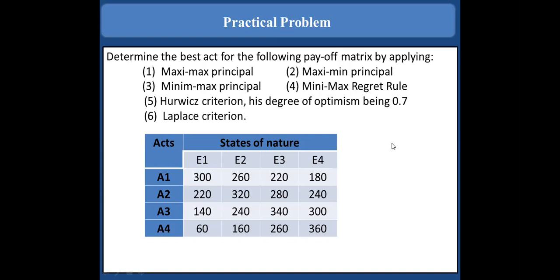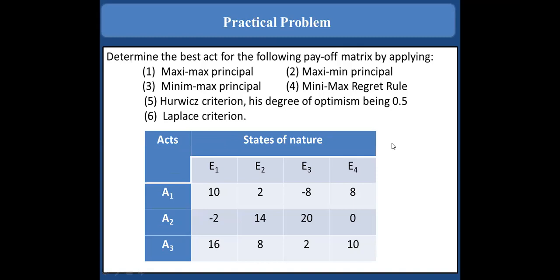Okay, after this, please write down this question. In this question, you are given 3 acts and 4 states of nature, and alpha is 0.5.